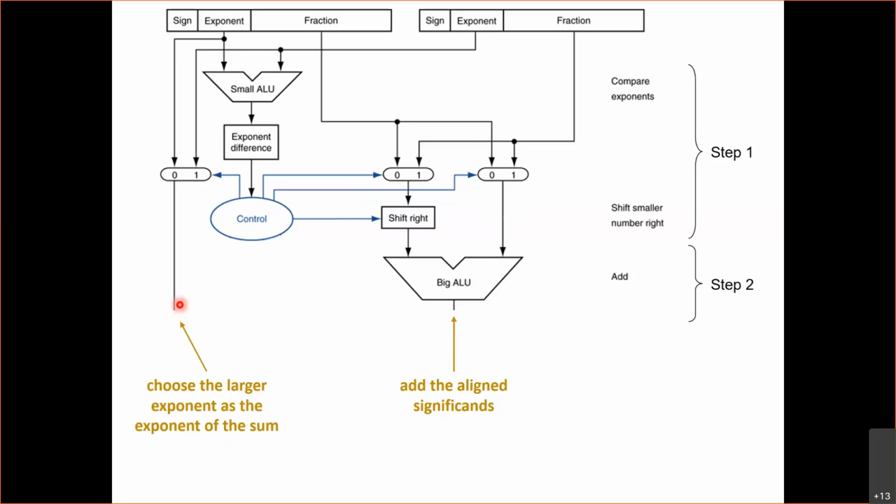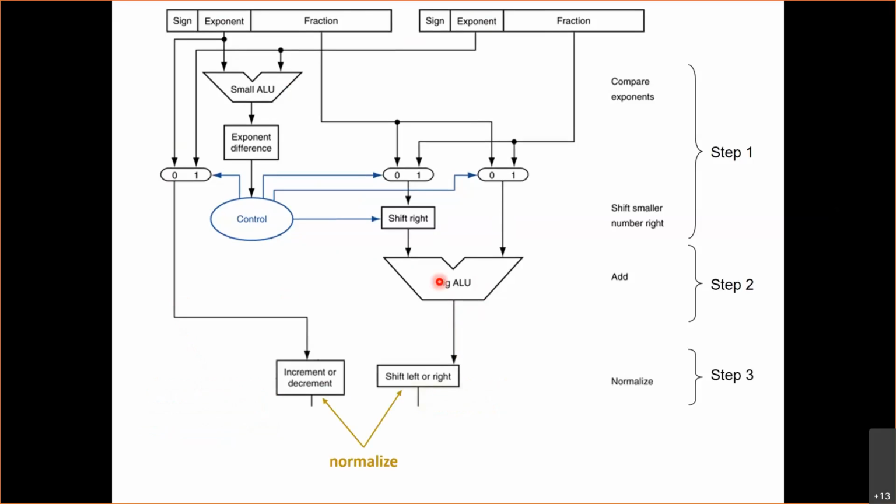I increment or decrement, depending on in which direction I'm not normalized anymore. So I'm going to take the significand and shift it left or right, and take the exponent and increment or decrement it, and by doing this I would have normalized.